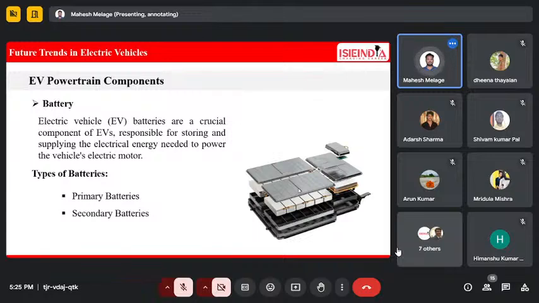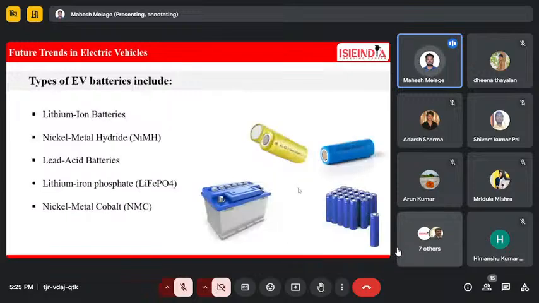We use the mobile battery, then it discharges. Again, we use the charger and charge the battery. It is a secondary type of battery. It can be charged and discharged a number of times. So most probably we use the lithium ion battery.